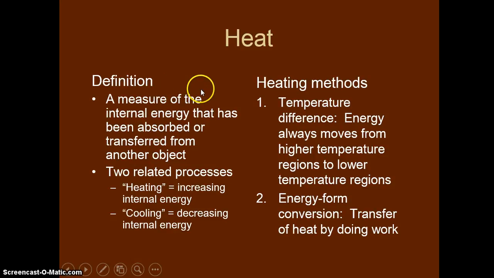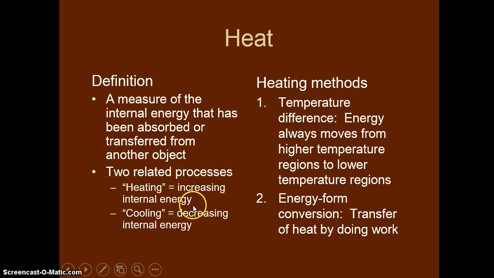And it's different than temperature, right? We know that temperature is the average kinetic energy of the molecules that make up the substance. So that's what temperature is. Heat is a measure of the internal energy that has been absorbed or transferred from one object to another, as it says.